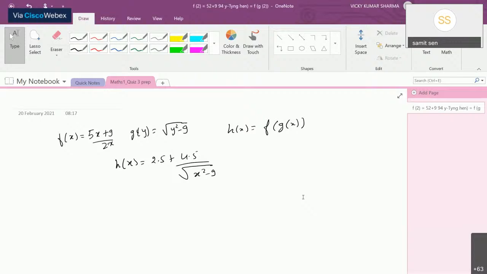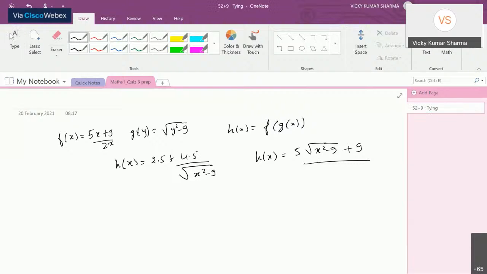Anyway, you just wrote that, simply putting the g of x value into f of x. So h of x is 5 root over x square minus 9 plus 9 divided by 2 into root over x square minus 9.